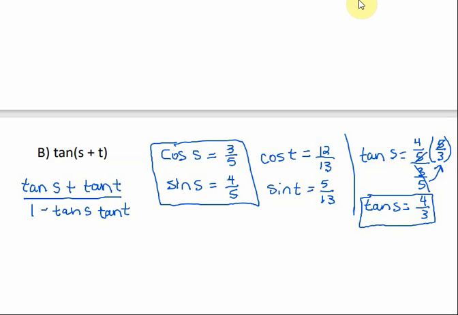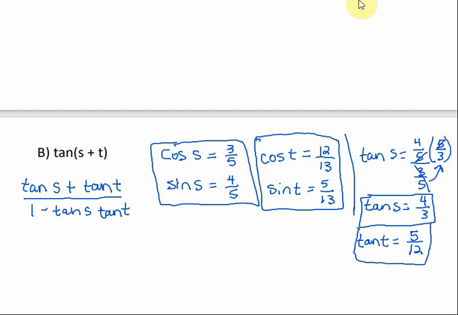All right, so then for the tangent of t, we're going to do the same thing with these values. So I have the tangent of t, sine over cosine, so that would be 5 over 13, and then divided by 12 over 13, so it's going to end up the same where the 13's cancel out, so it would just be 5 over 12.